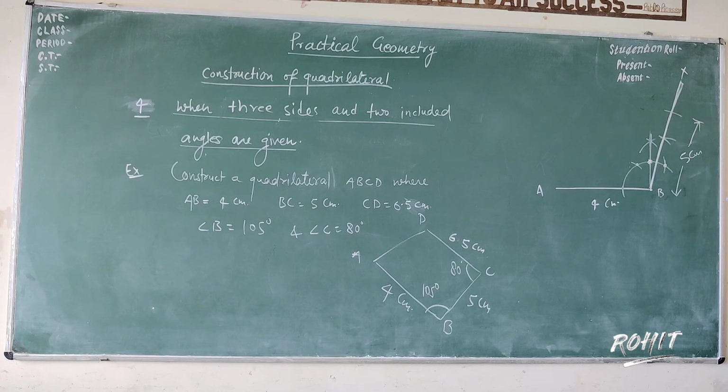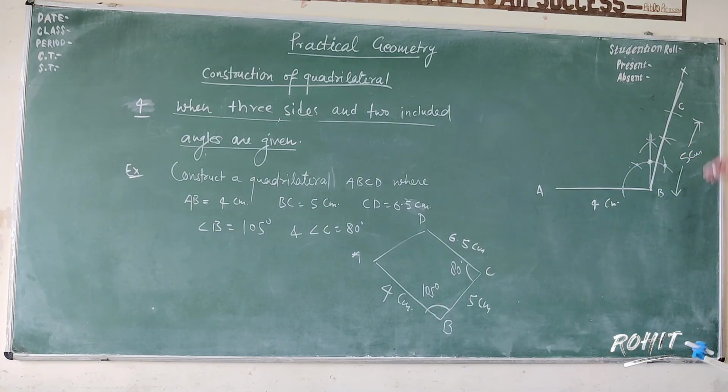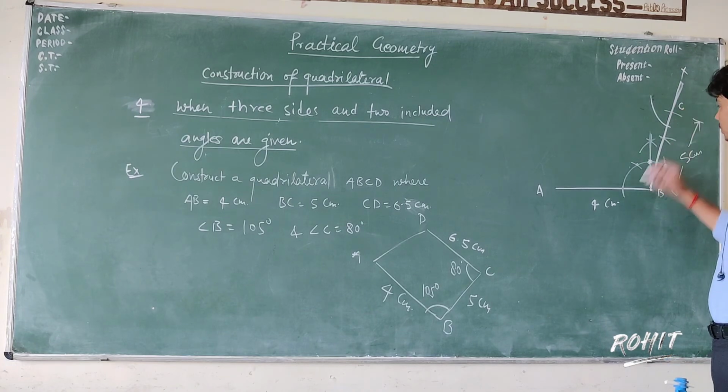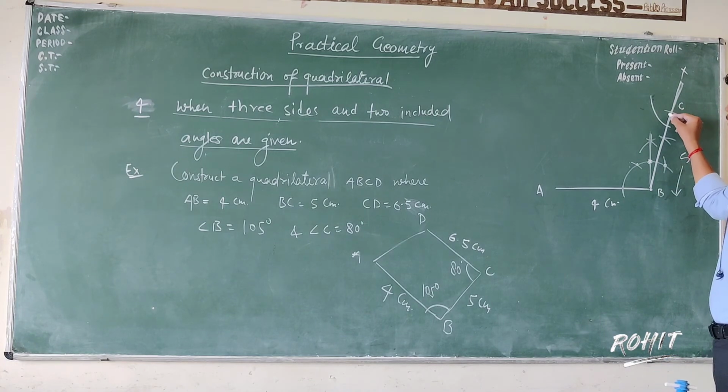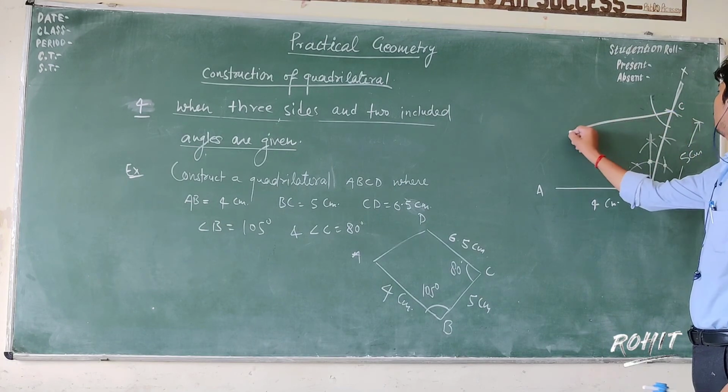This intersects the ray BX at C. Now angle C is how much? 80 degree. So take protractor and draw an angle 80 degree at point C. Now making 80 degree, draw a ray from C. So this is 80 degree angle.